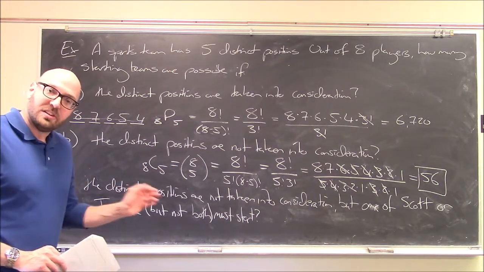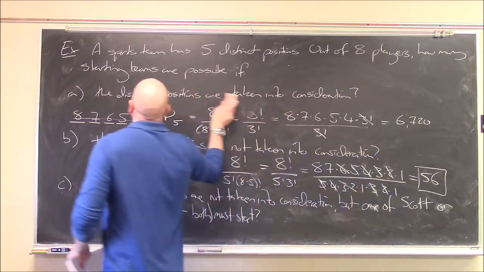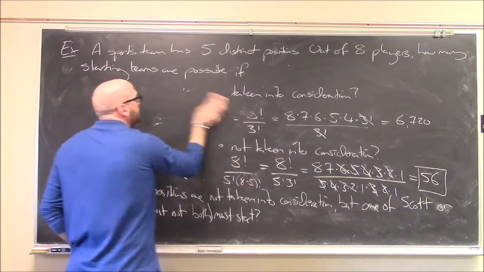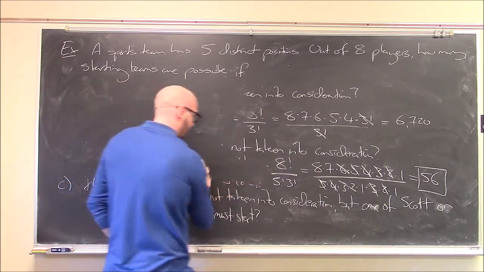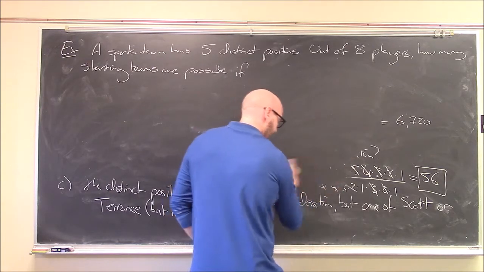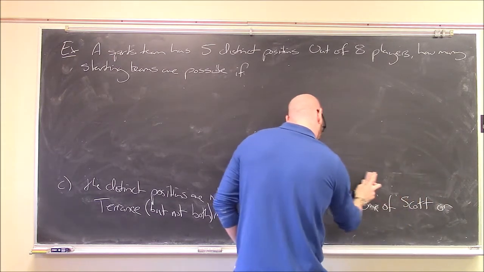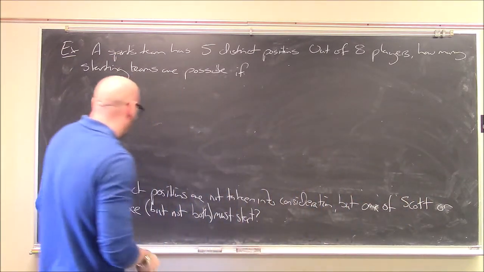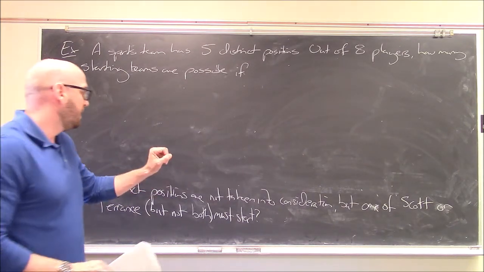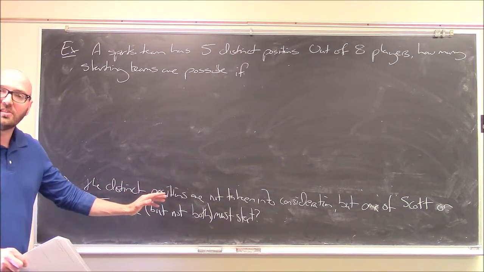Now we're jumping into something distinctly more difficult than what we've been doing so far. I don't have enough space, so I'm just going to have to erase all of this. Alright, so here we have the distinct positions are not taken into consideration, but one of Scott or Terrence, but not both, has to start.